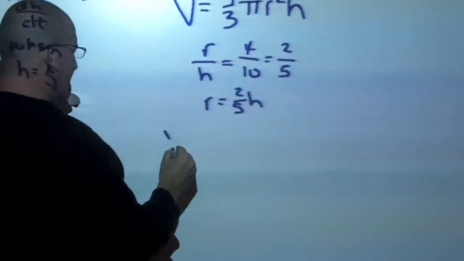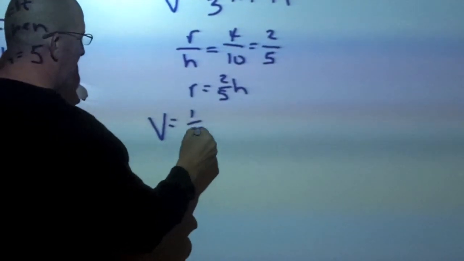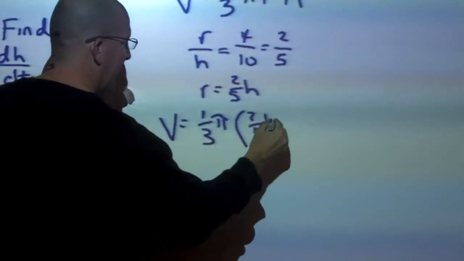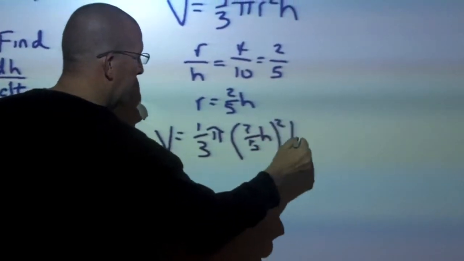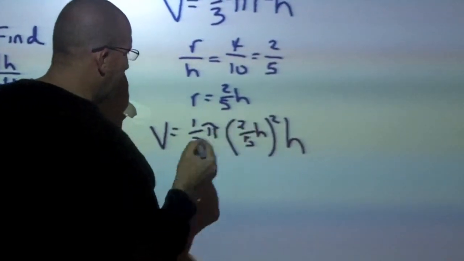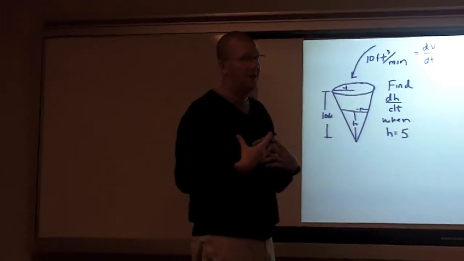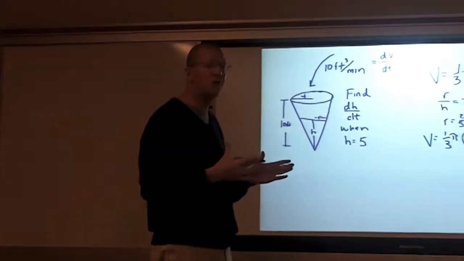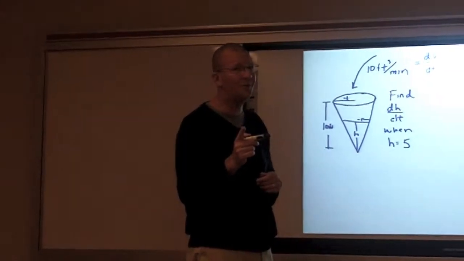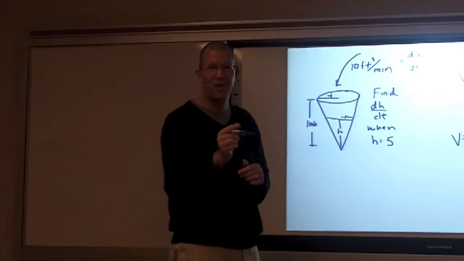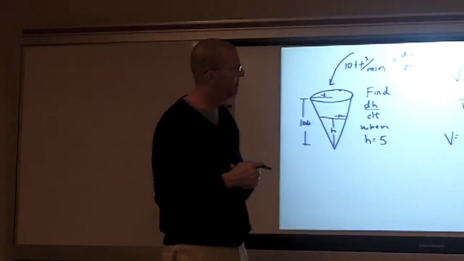So now I can say V equals 1/3 pi (2/5 h) squared h. Now again, I'm very excited and very pleased with myself. But before I make the substitution, what do I need to do? That's right, differentiate.